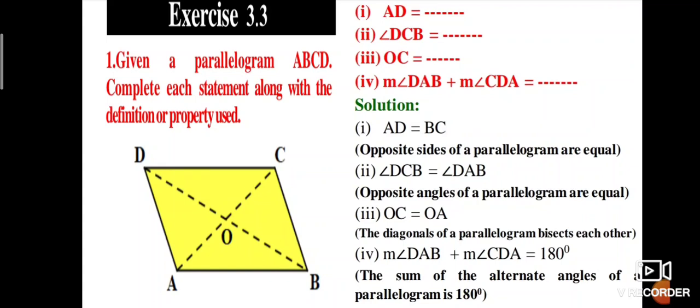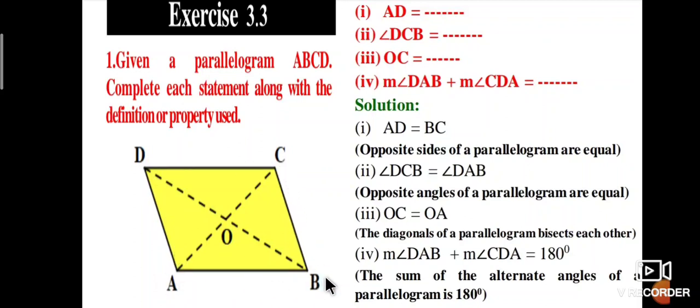The problems based on parallelograms are given in Exercise 3.3. First question: given a parallelogram ABCD, complete each statement along with the definition or property used. This is the given parallelogram ABCD.